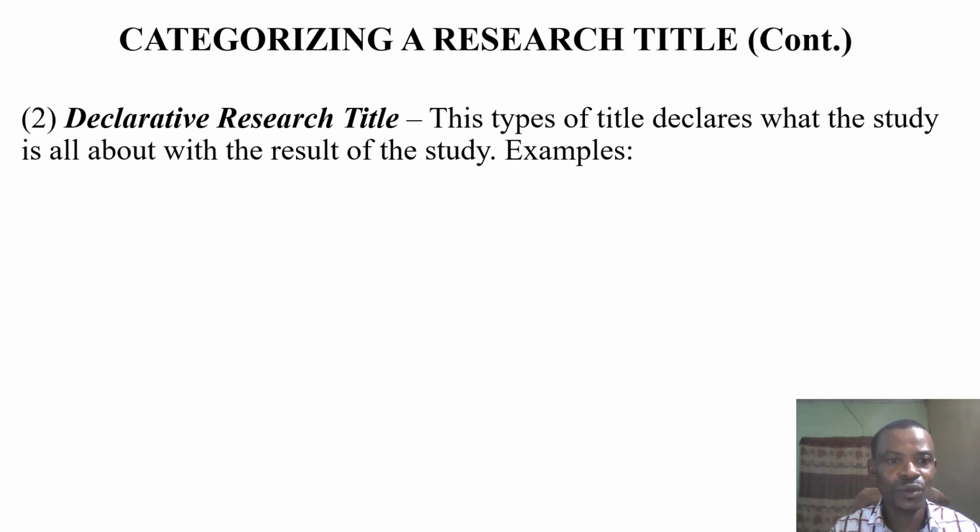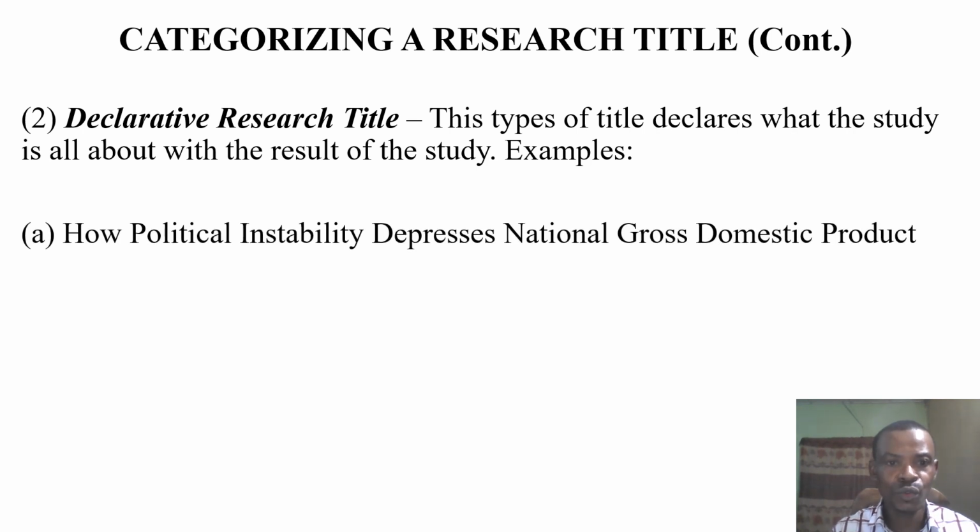Now let's look into another research title, which is the declarative research title. A declarative research title obviously declares what the research has done or intends to do by even indicating the result of the study. For instance, let's consider this first example: how political instability depresses national gross domestic product, GDP.